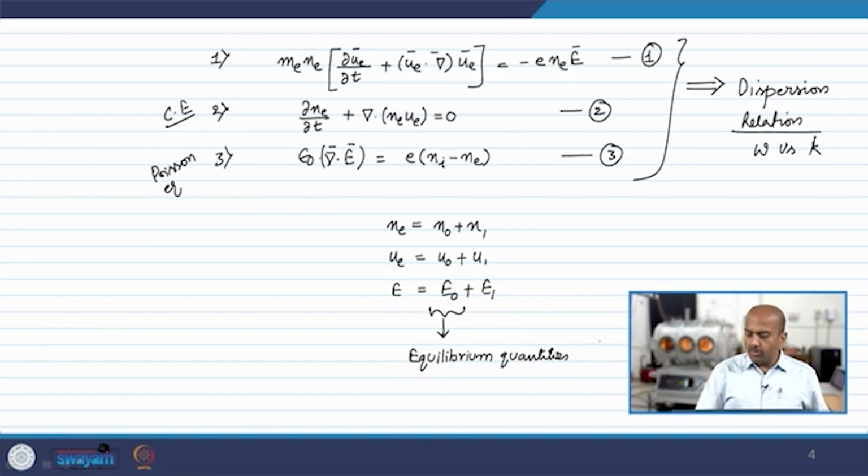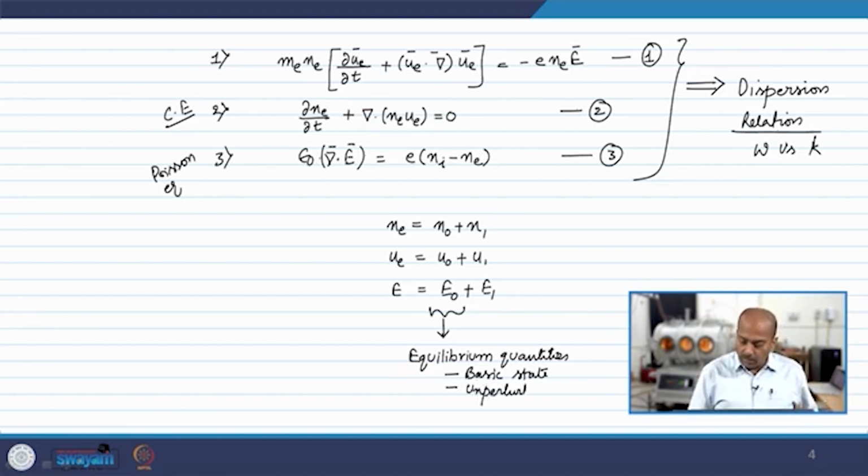The importance of these equilibrium quantities is that they represent the basic state, or they also represent the unperturbed state. So, they will remain constant. That means that if you take a derivative of these quantities with respect to time, it will be 0.